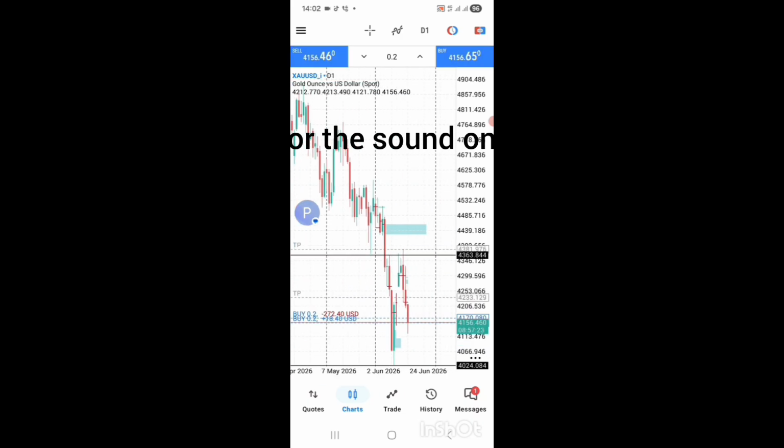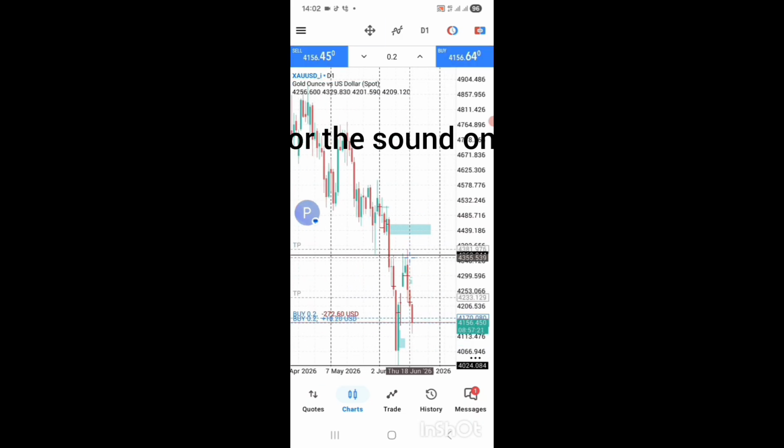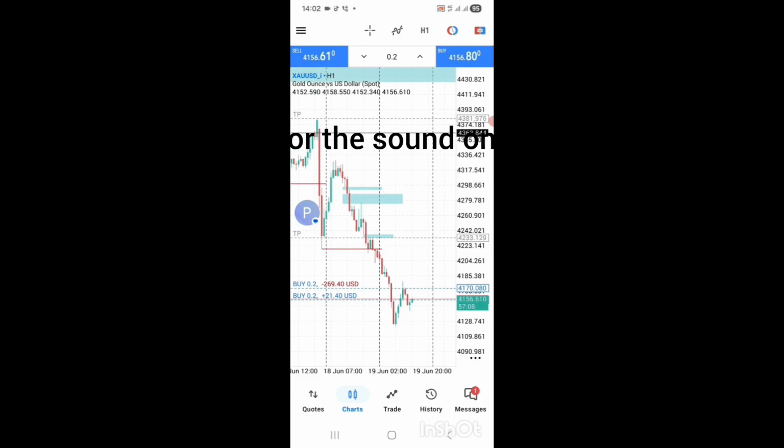However, what the daily is showing me is that we formed a new high here. If today's candle closes, because confirmation one, confirmation two will be today's close, we're not looking to go up anymore.